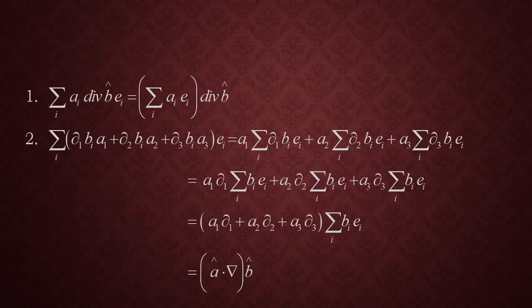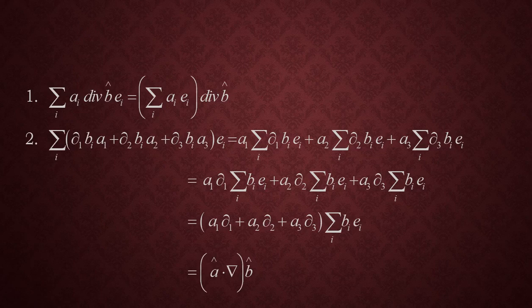Our previous last expression is curl of A cross B equals summation over i C_i e_i. There we need to substitute the value of C_i and then multiply it with e_i. Thereafter we have to take the summation over i.